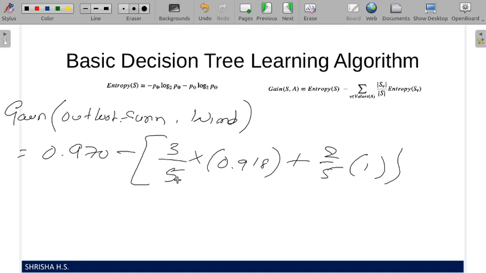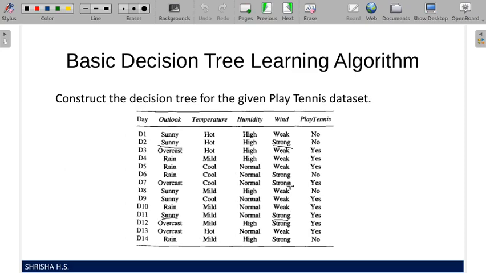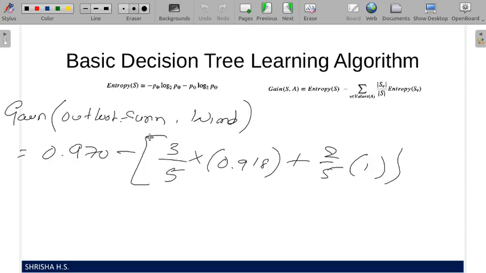Three instances out of 5 were weak and 2 were strong, where 5 is the instances where outlook equal to sunny, and their entropies we also calculated. When we calculate the numerical, we get 0.0192 as the answer. So this will be the gain for wind.